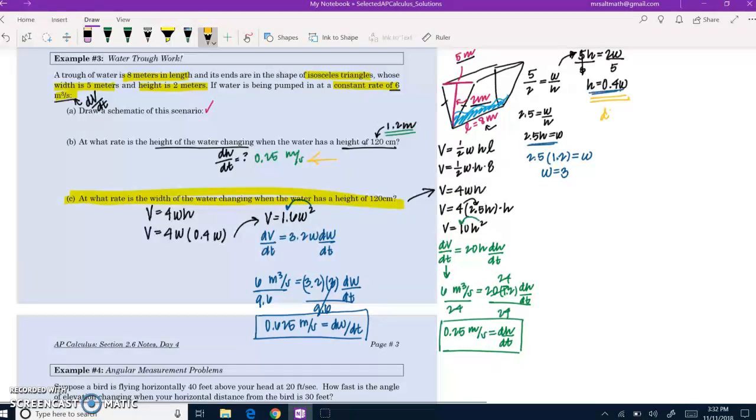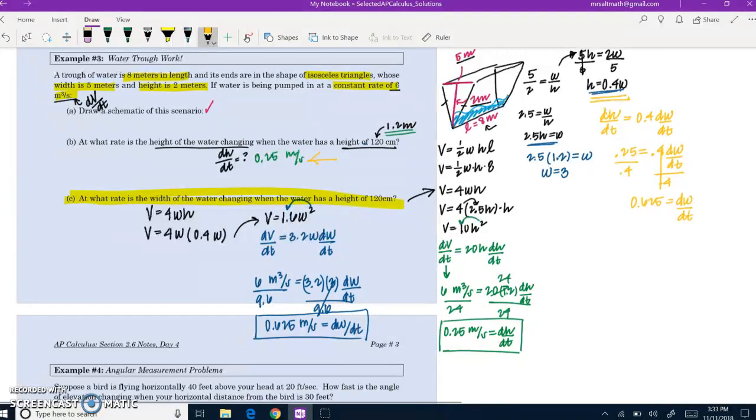Because look, we can say dh/dt is equal to 0.4 dw/dt. And dh/dt we found was 0.25. So we can say 0.25 equals 0.4 dw/dt. Then we can divide by 0.4, divide by 0.4. And if you take 0.25 and divide by 0.4, you also get 0.625 as your rate of change for the width.